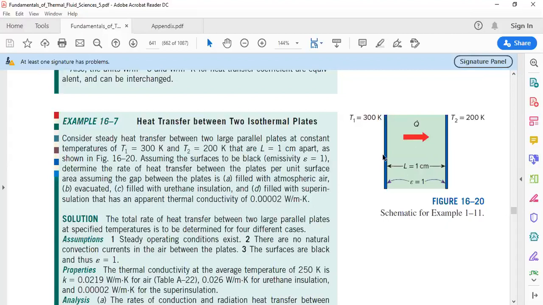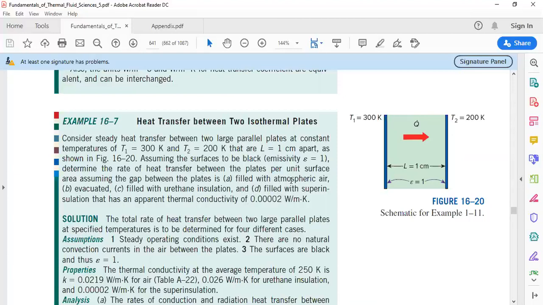Assuming the surfaces to be black, so their emissivities are 1, determine the rate of heat transfer between the plates per unit surface area, assuming the gap is first A, filled with atmospheric air, B, evacuated, C, filled with urethane insulation, and D, filled with super insulation that has an apparent thermal conductivity of this value.